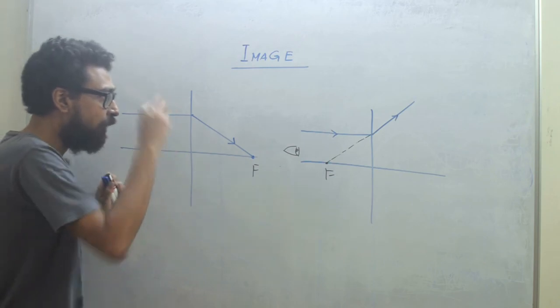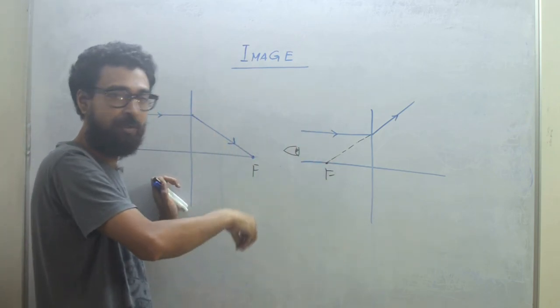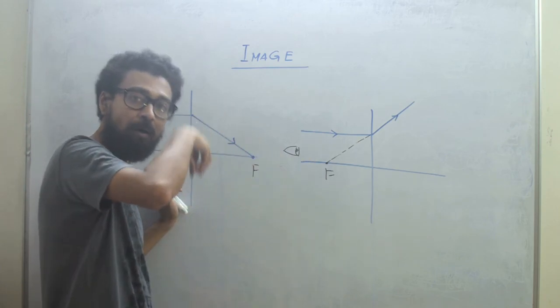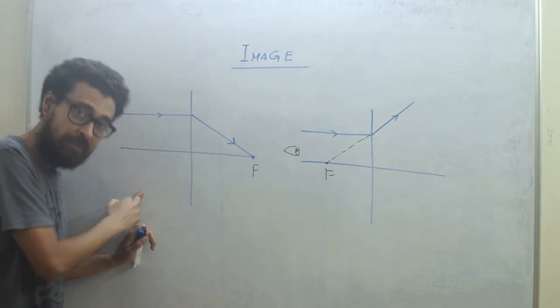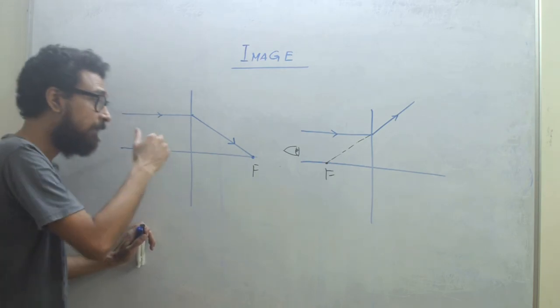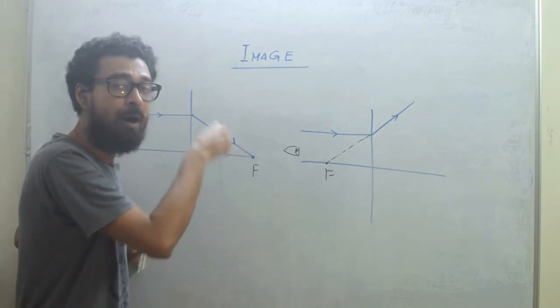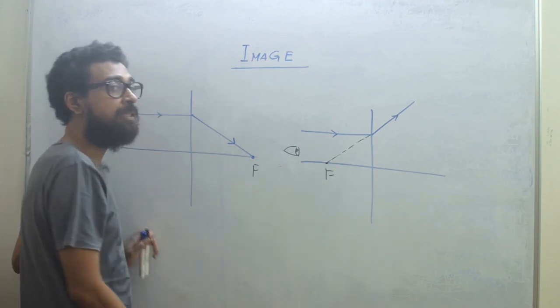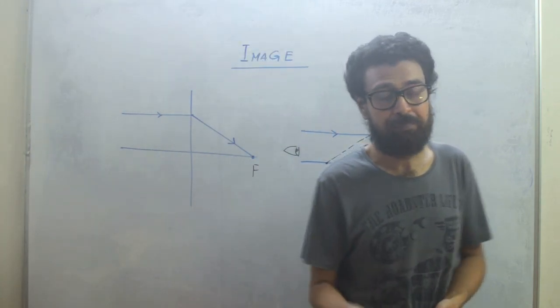But in the case of a lens, I repeat, this is important: if the image is real, it will be formed on the other side from where you have kept the object. And a virtual image will be on the same side where you have kept the object.